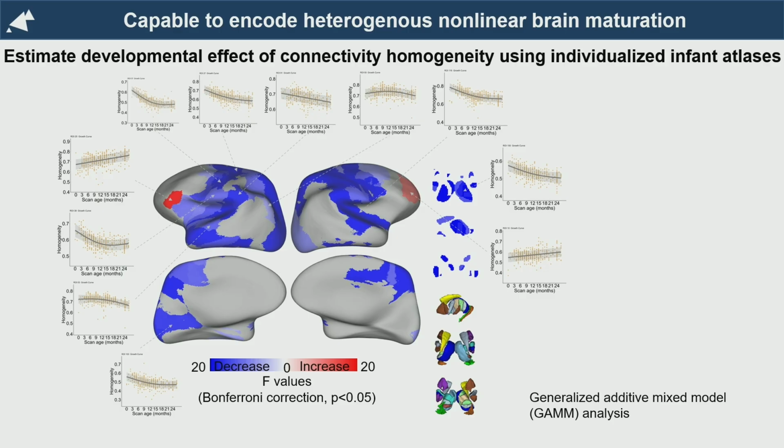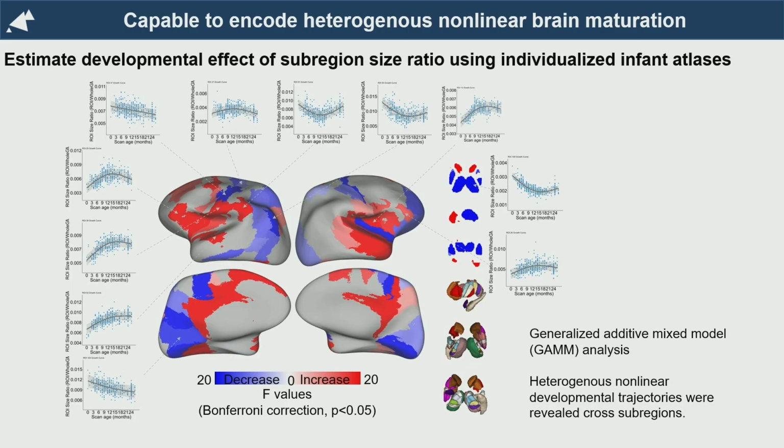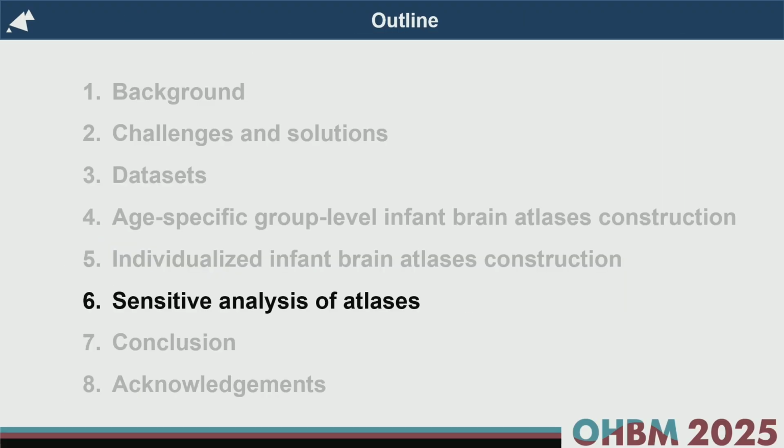Then we also evaluate the capability of our individualized infant atlases to encode brain maturation. We use a generalized additive mixed model to estimate the developmental effect on brain connectivity, homogeneity, and subregion size ratio. And we find heterogeneous, nonlinear developmental trajectories across different brain subregions.